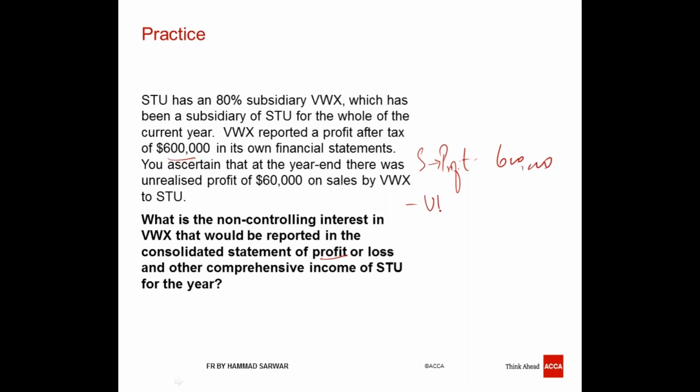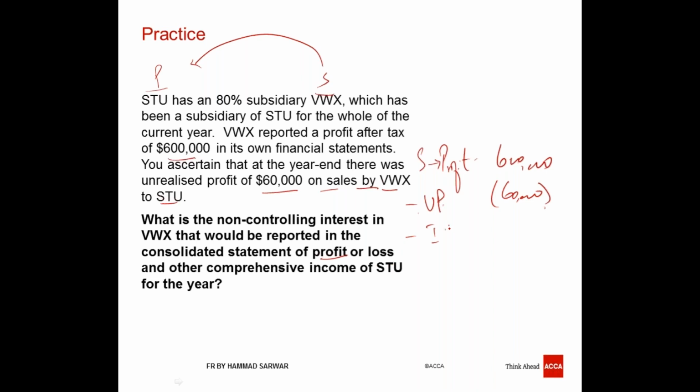Then first you need to adjust the unrealized profit only when the subsidiary sold goods to the parent. So this one is a subsidiary company and this one is a parent company. You ascertain that at the year end there was an unrealized profit of 60,000 on sales by VWX to STU. So sales by the subsidiary to the parent, there will be an unrealized profit of 60,000.